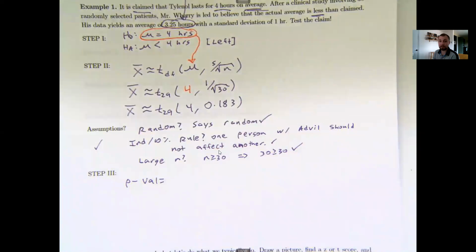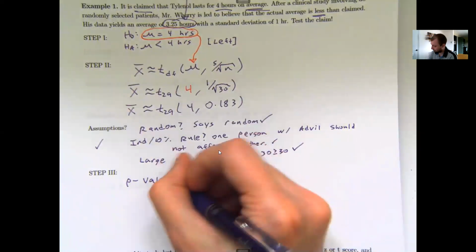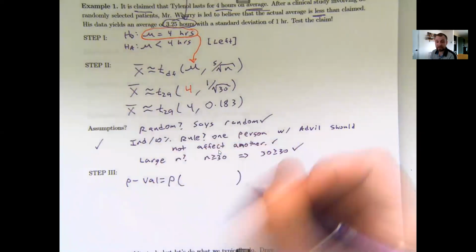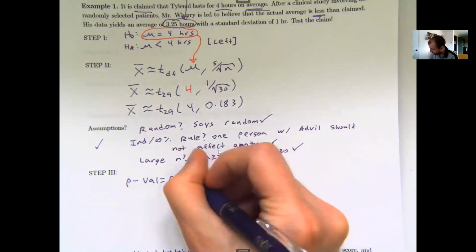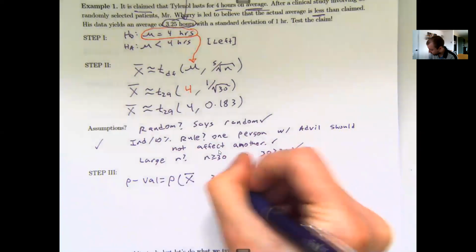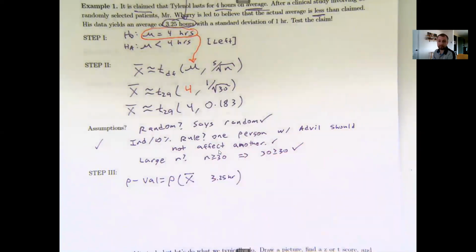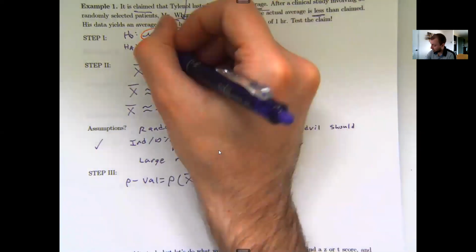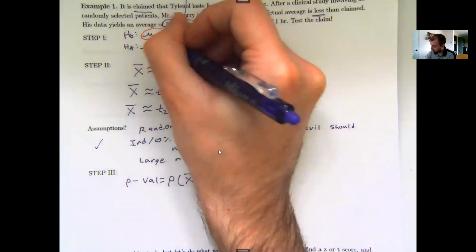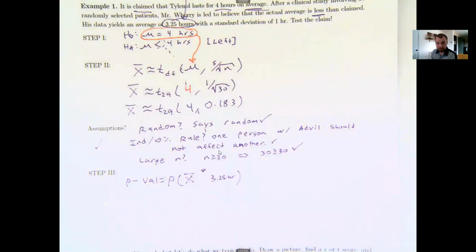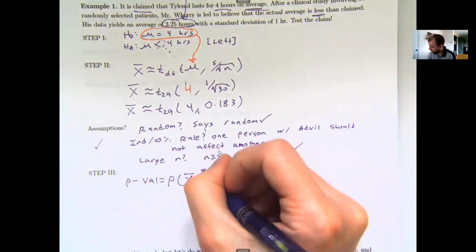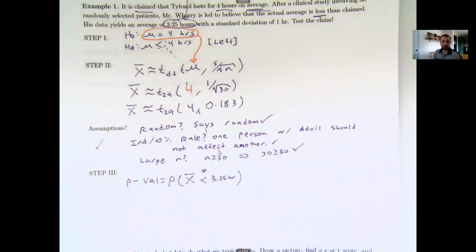The p-value is the likelihood of the sample data. This is the first time that the sample average of 3.24 hours is showing up, or more extreme. Whatever symbol you have in the alternative hypothesis is getting pulled down into this 3rd step. I'm going to have this thing be shaded to the left.